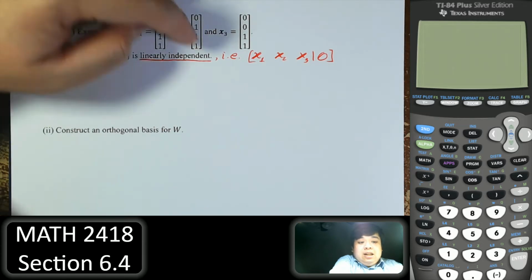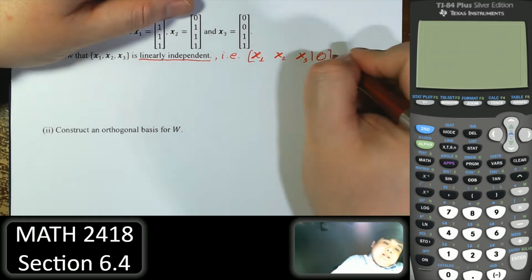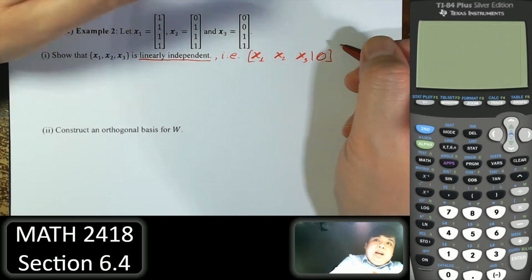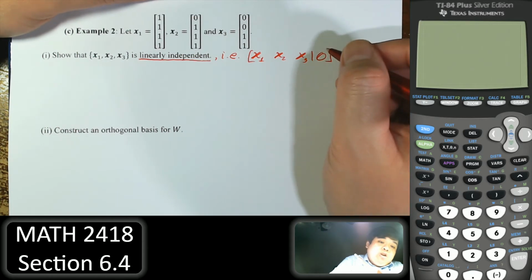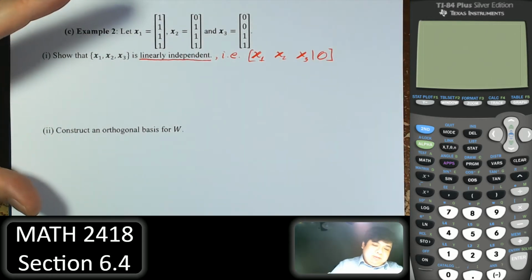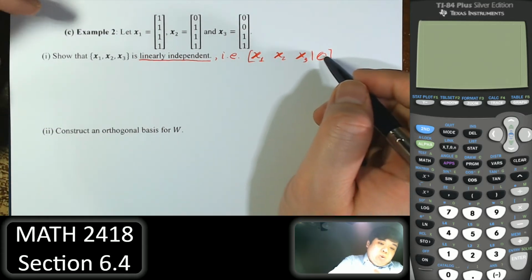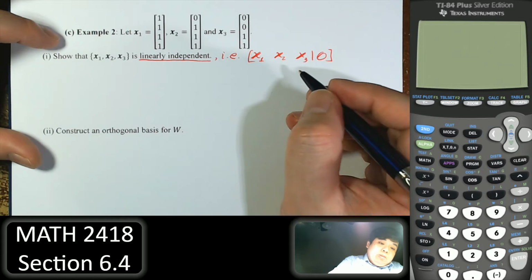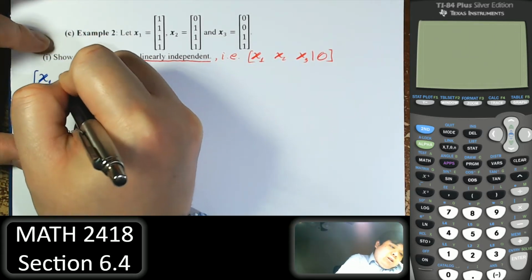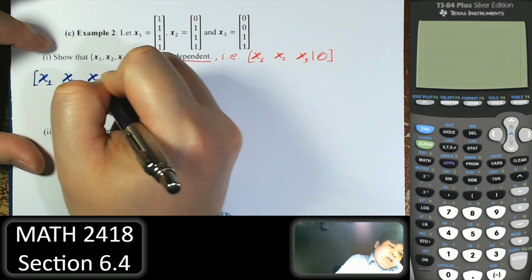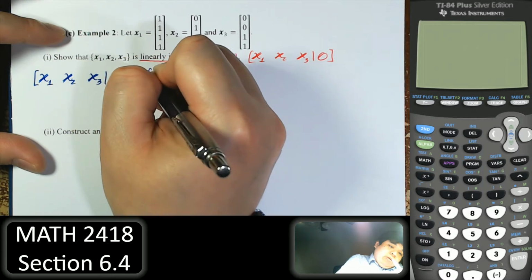And that equation in the augmented form has only the trivial solution. That means no free variable. So we're just going to do that. We put x1, x2, x3 into reduced row echelon form.